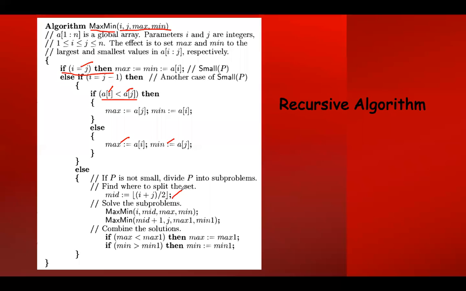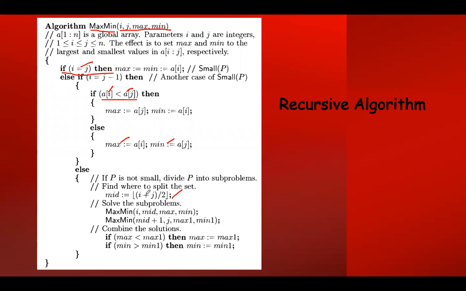The first element is i and the last element is j, so we calculate mid. Mid is equal to (i plus j) divided by 2, the same as in binary search, where mid is calculated using (low plus high) divided by 2. We got the mid element.